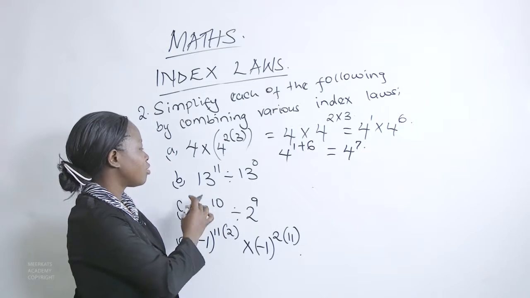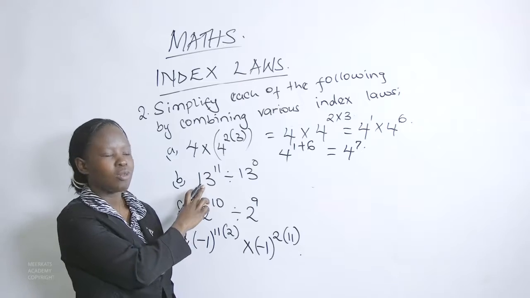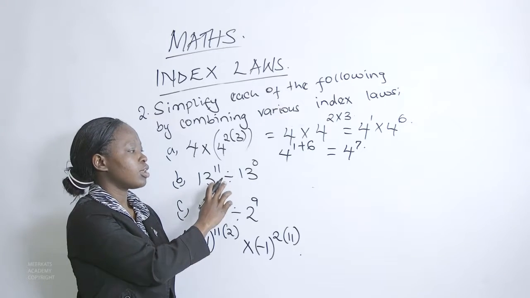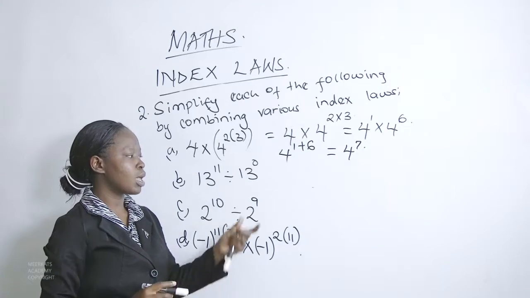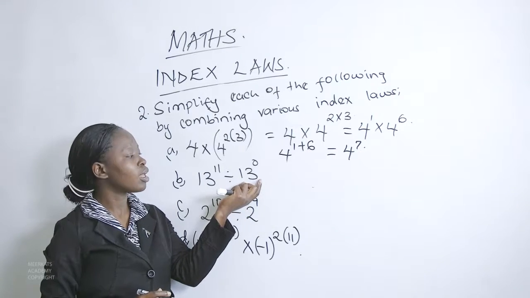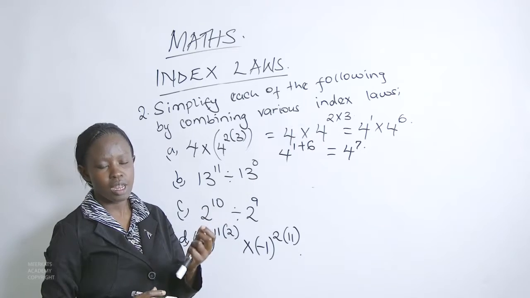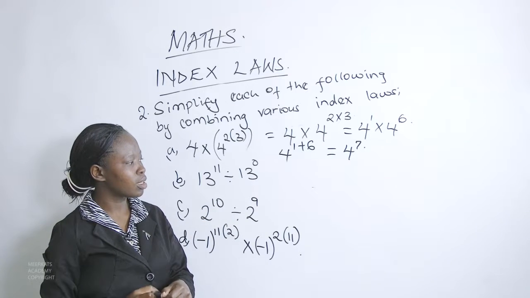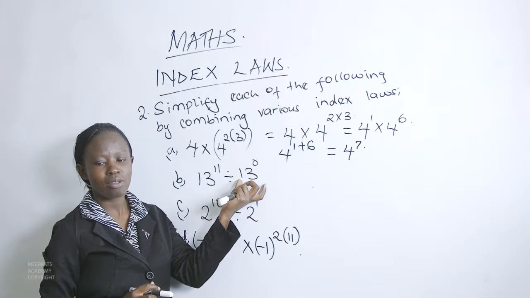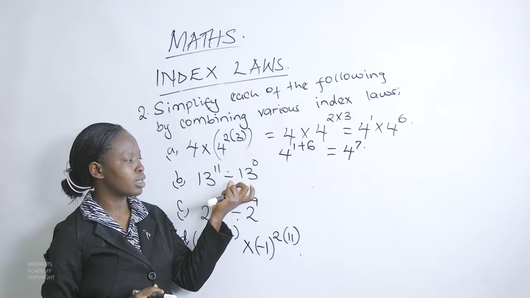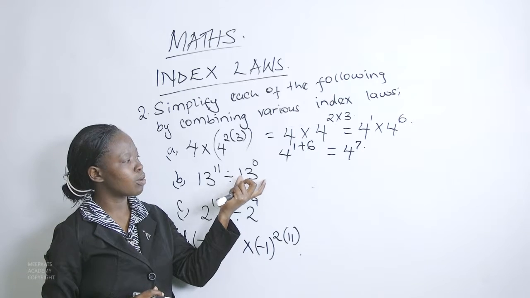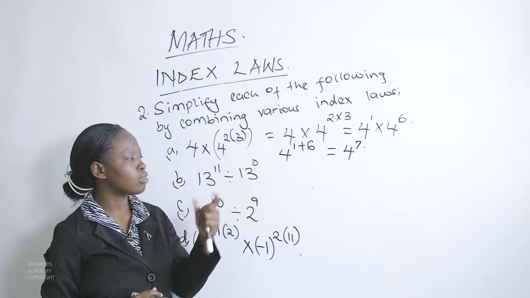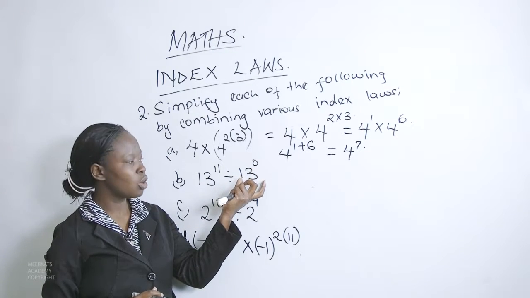The second part, we have 13 to the power of 11 divided by 13 to the power of 0. So here we apply the 0 index, and when we are dealing with 0 index, what we say is that any number raised to the power of 0 is 1. So this means that I have 13 to the power of 0, meaning this is equivalent to 1.